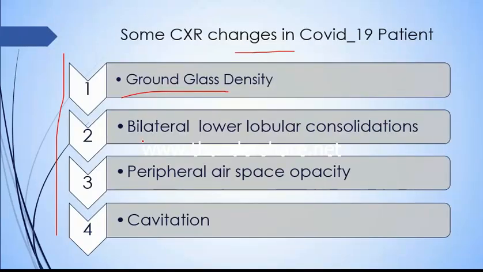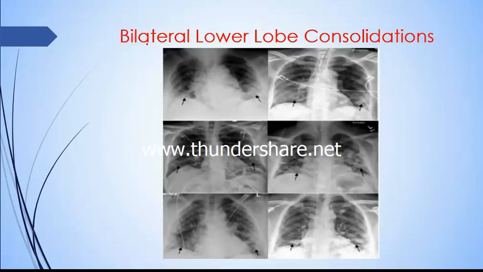And the other thing is bilateral lower lobe consolidation. You can see this bilateral lower lobe consolidation in the chest X-ray of a COVID-19 patient, and how can we differentiate it from bacterial pneumonia?